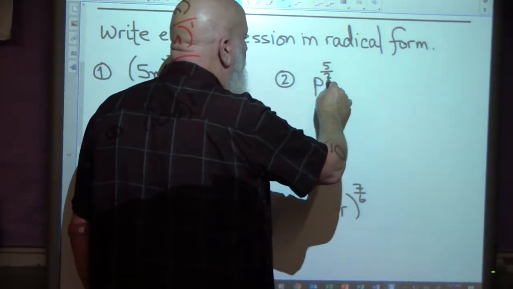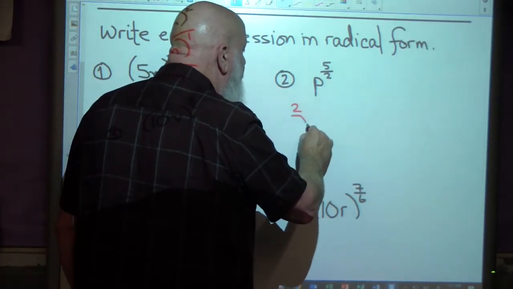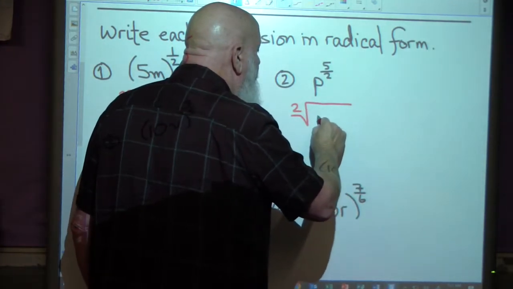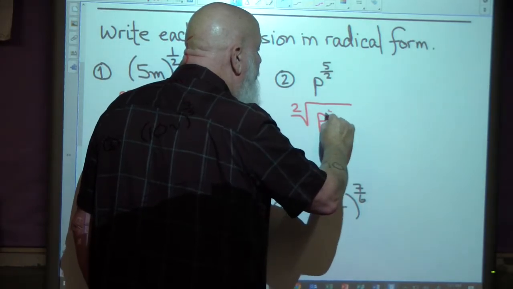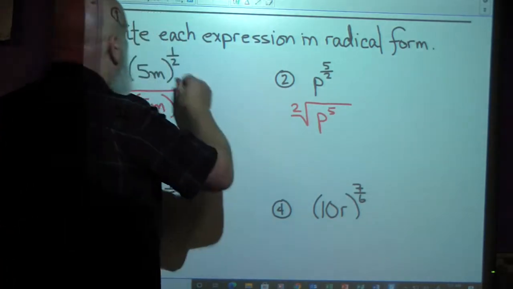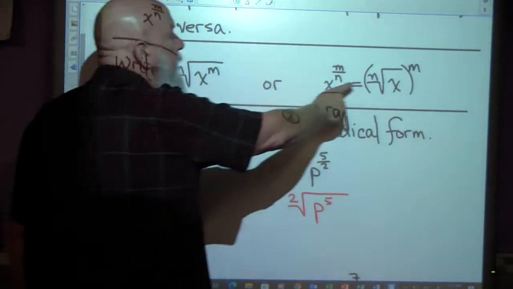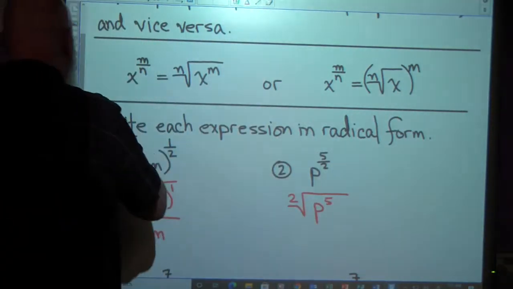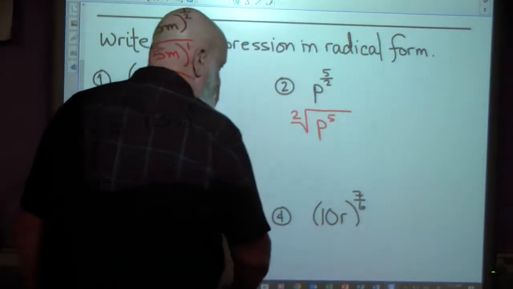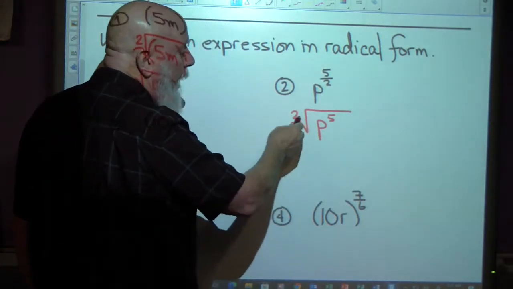Let's take a look at this one. This is the square root. I'm going to bring this out here of p to the 5th power. Okay. Now, in keeping with this idea here, that this and this are the same thing, I'm going to say or. I'm also going to say I don't need this index.